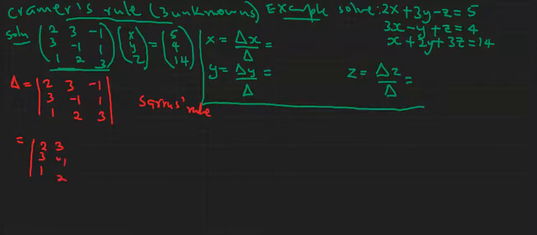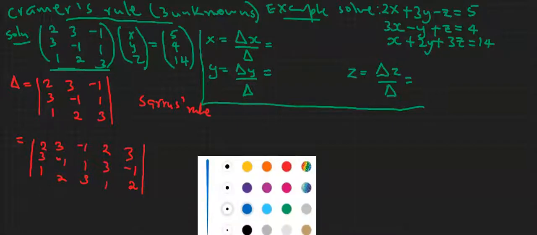So the first step is you rewrite the matrix as a 3 by 5 matrix by adding column 1 and column 2, so that we have a 3 by 5 matrix.